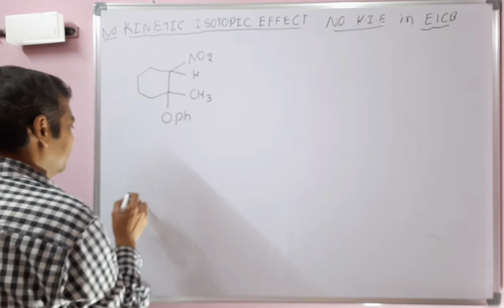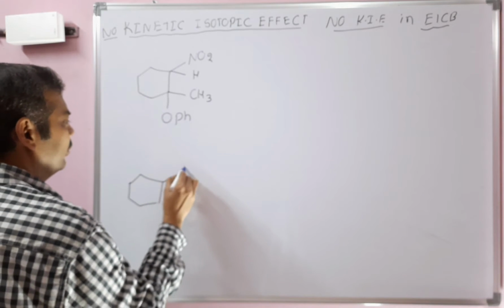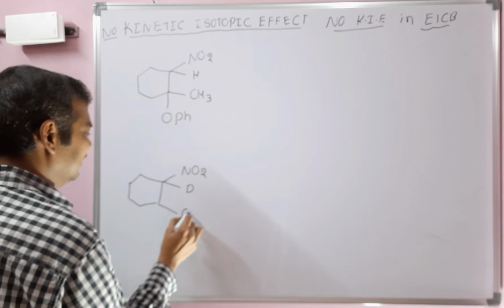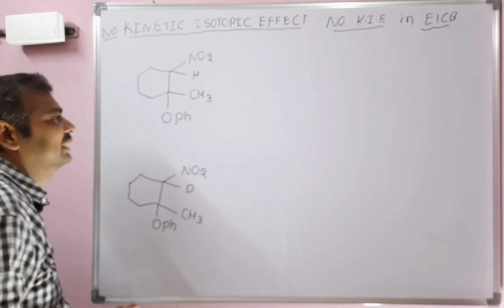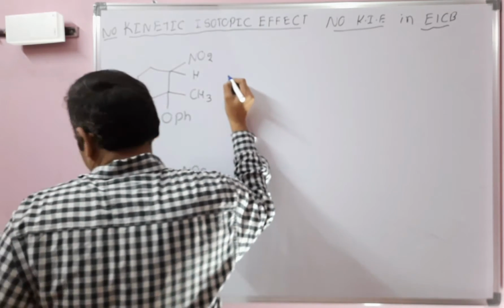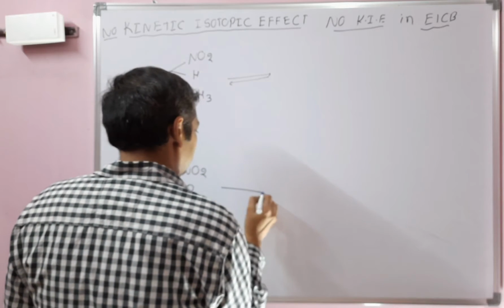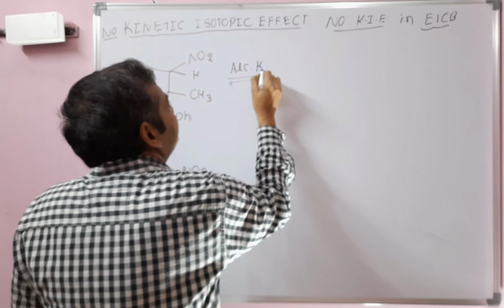For another example, we will take the deuterated compound, with nitro, deuterium, CH3 and O-phenyl. Now we will prove that this is an E1Cb reaction and there is no kinetic isotopic effect. Treat with alcoholic KOH. No doubt the first step is a reversible reaction.